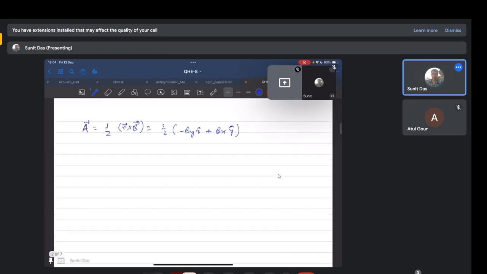Because of this explicit y and x, this breaks translational symmetry in both the x and y directions.